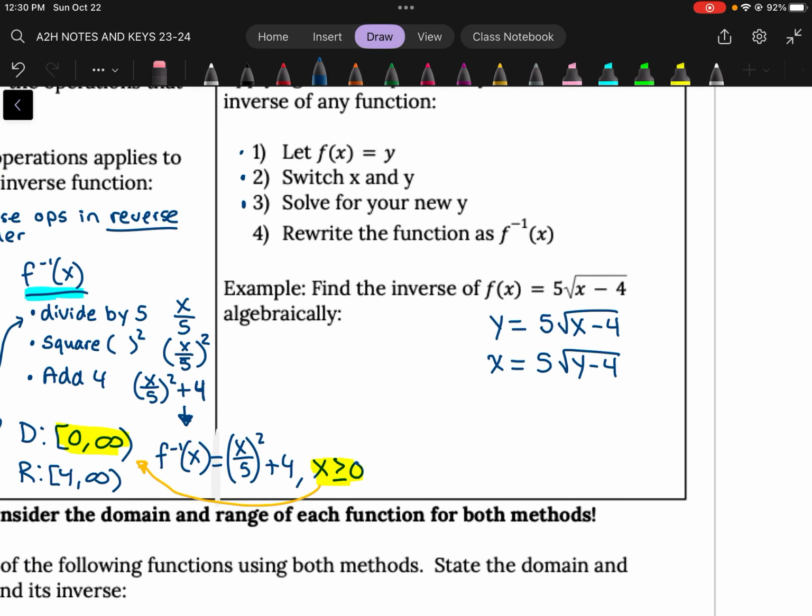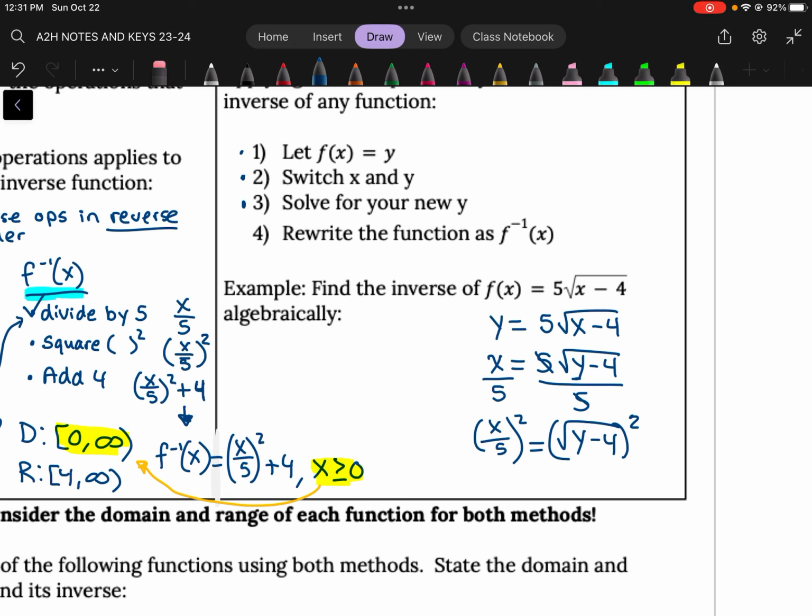Now I want to make the connection between this method and our traditional method. The first thing you would do here to solve for y is, well, you divide by 5, right? You'd want to get rid of that 5, right? Which happens to be the first thing we did over here, right?